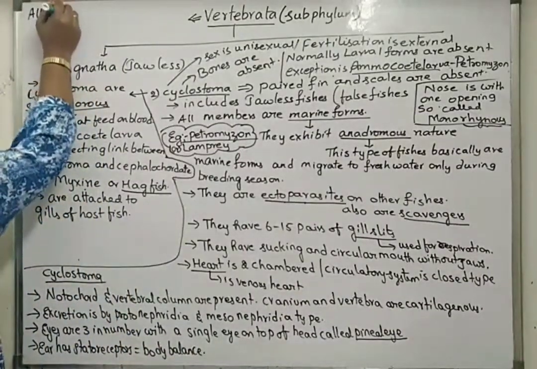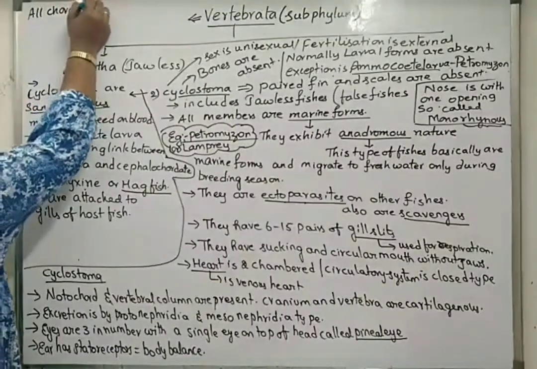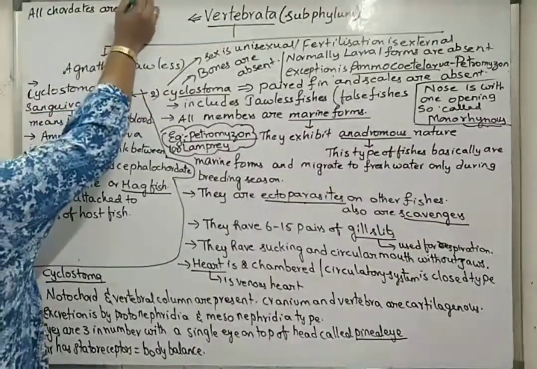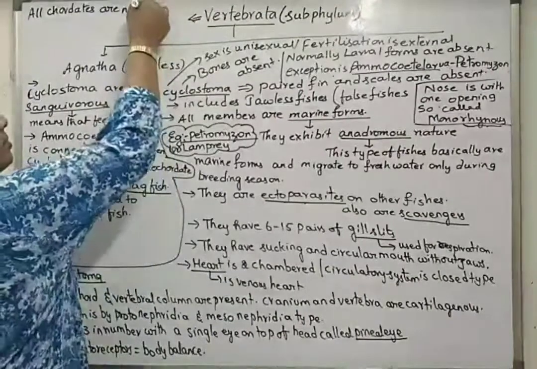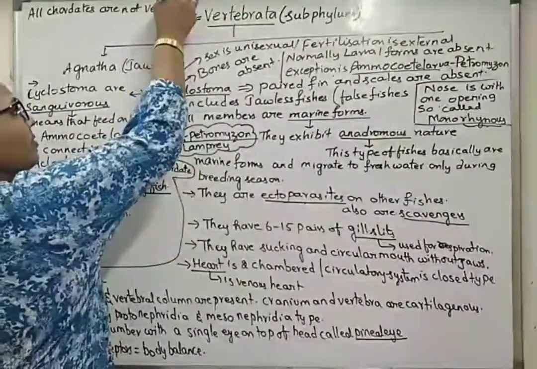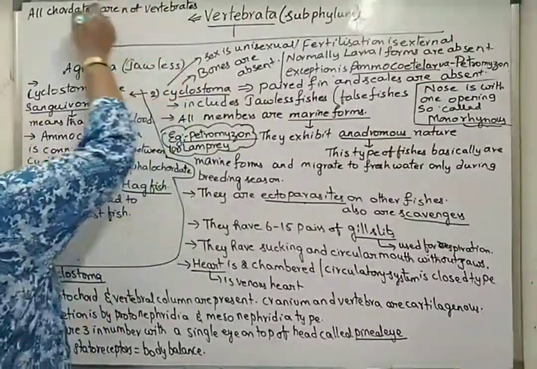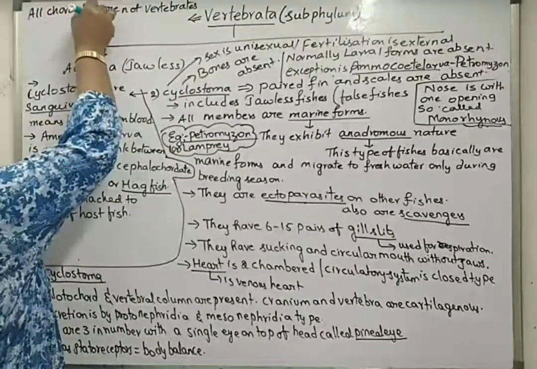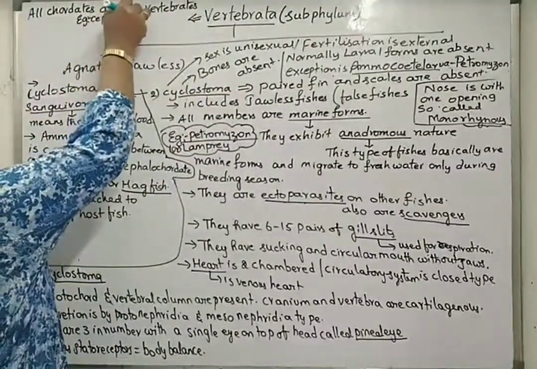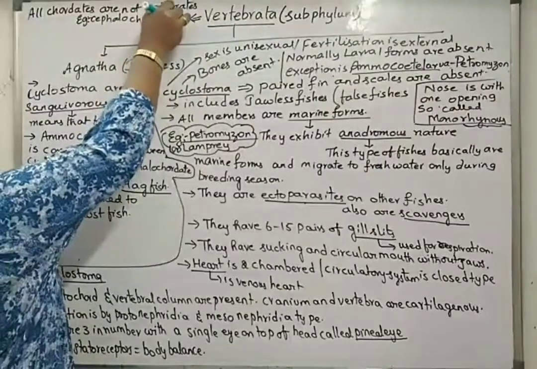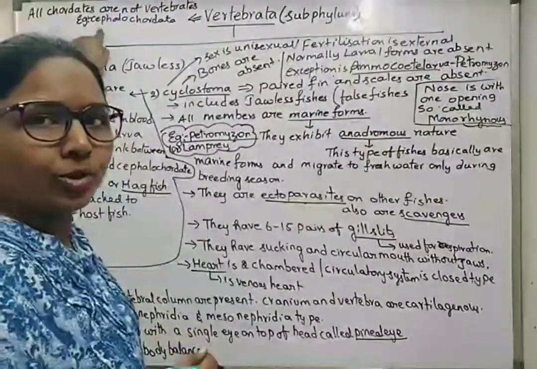All chordates are not vertebrates. Because here we have an example, Cephalochordata. Cephalochordata has notochord. It is a chordate.